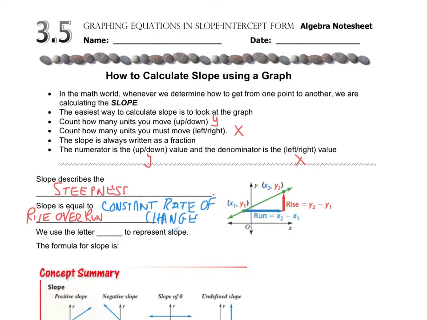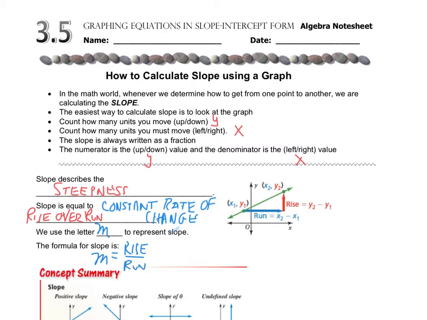Now, a couple of things here for formulas. We use the lowercase letter m to represent slope in math. Here is the formula, or formulas, for what we'll be seeing slope as. So m equals, sometimes we'll just say that it's rise over run.